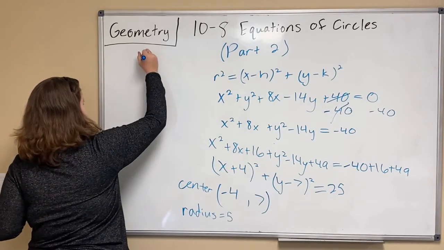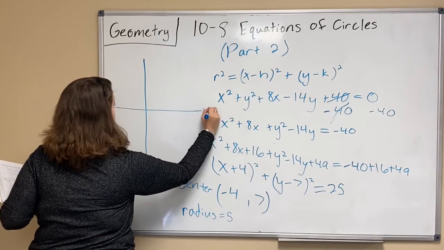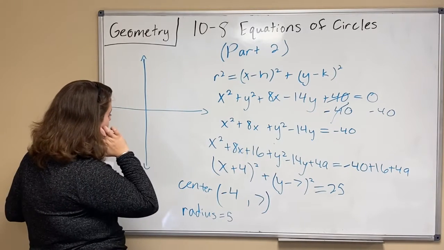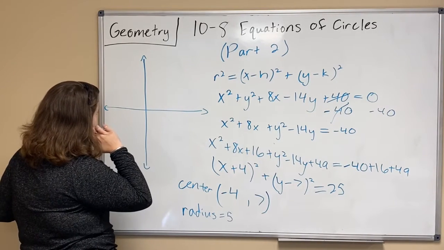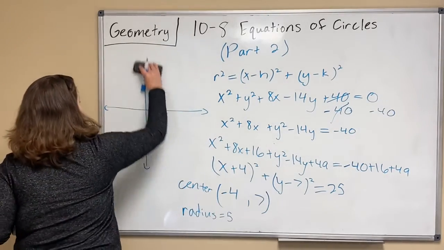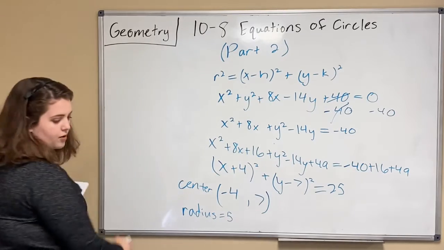So I'm going to make myself a coordinate plane. I'm actually going to move it over just a tiny bit so that we have enough room for our whole circle.